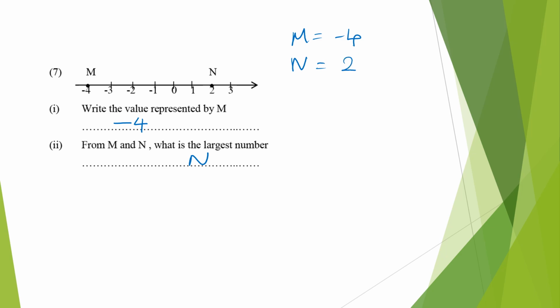When we go from here to here, the value increases, right? So always the right side value is greater than the left side value. That is how the number line operates, right? So from m and n, what is the largest number? The largest number is 2. 2 means n, right? So you have to write this one. N is the answer for this question, fine.